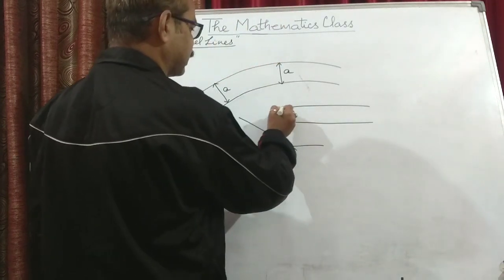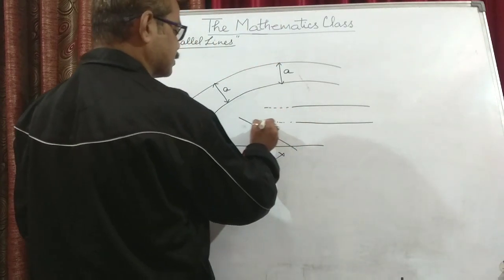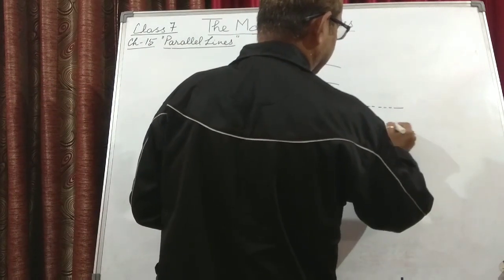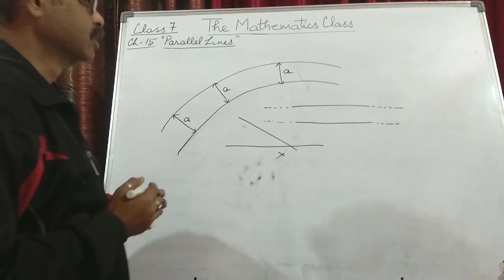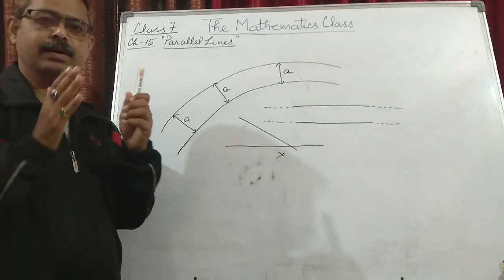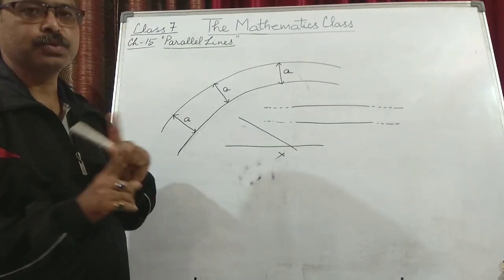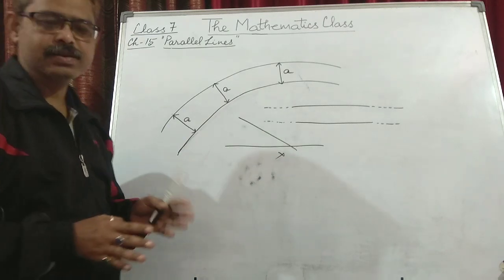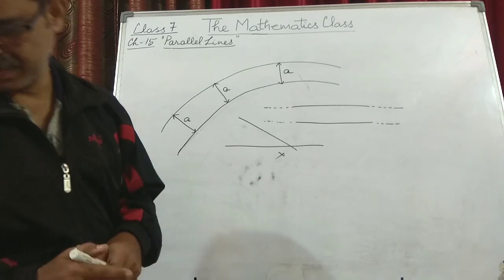If you extend this to the left hand side and you extend it to the right hand side also, they are not going to intersect. So lines in the same plane which do not intersect each other anywhere are known as parallel lines.